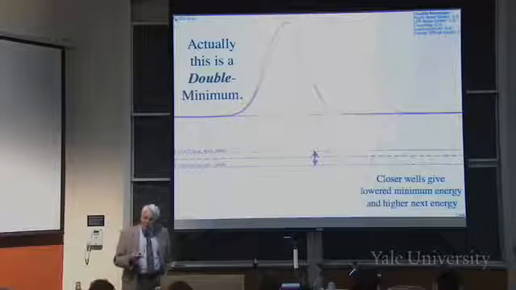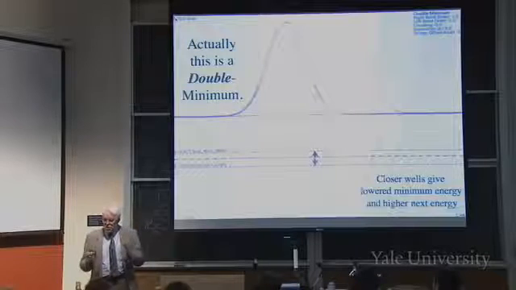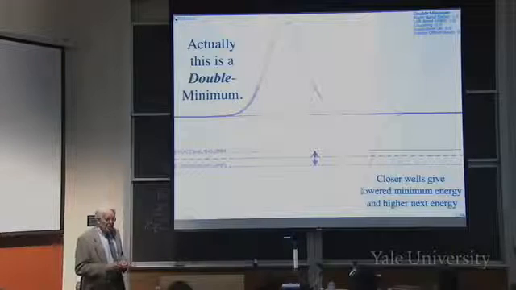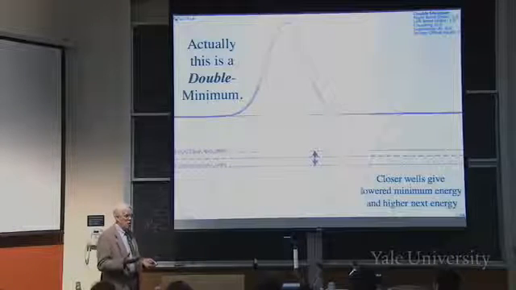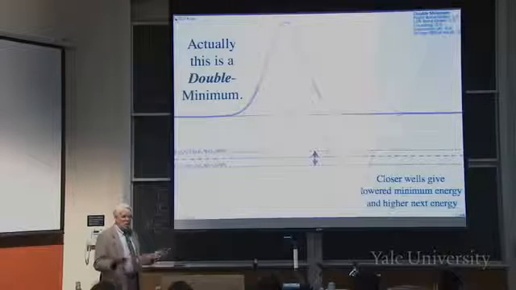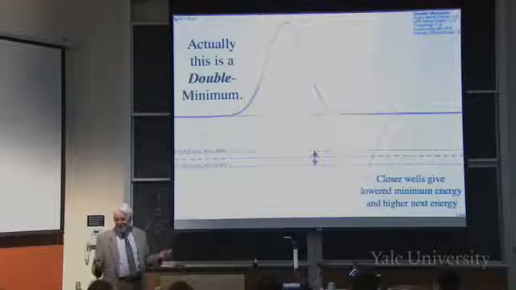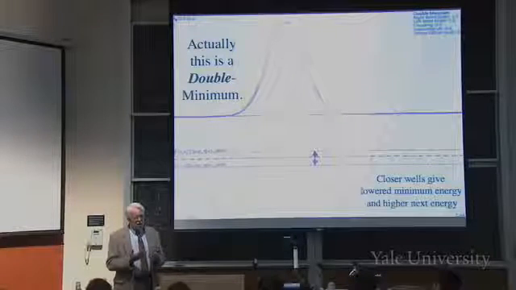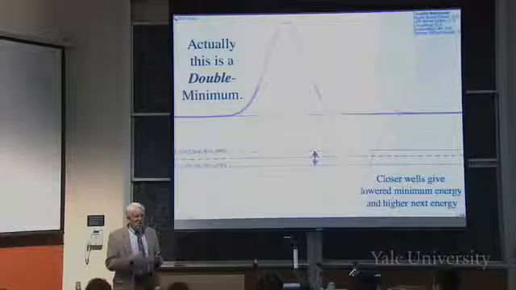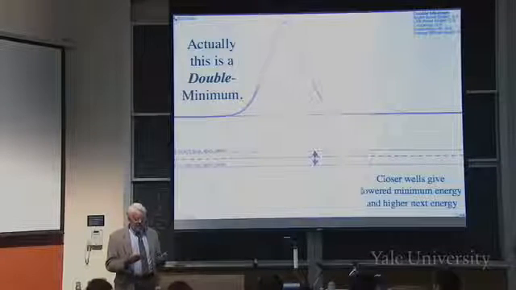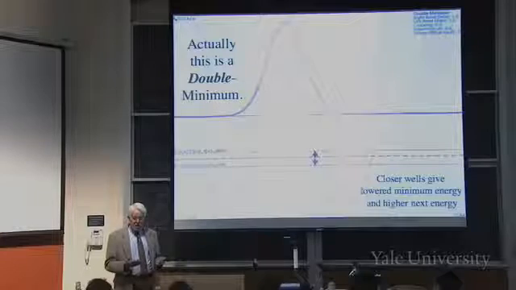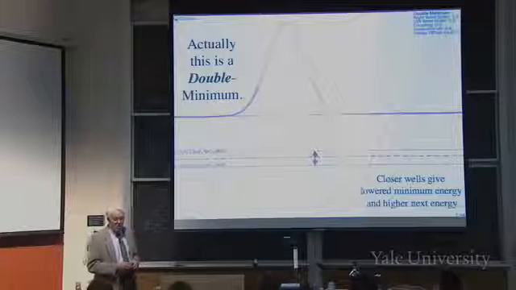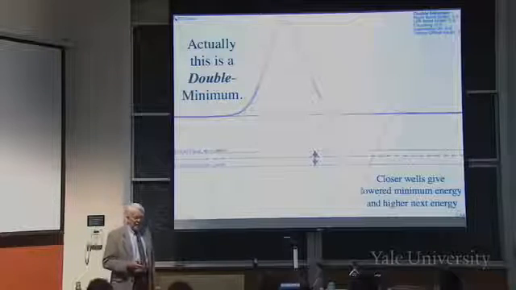But they both look like the single minimum, but they both started when the wells were far apart, looking like the single minimum solution, one with no nodes, one with one node. When the wells were far apart, they had the same energy as the single minimum. But when the wells come together, the one with no nodes has less curvature, less kinetic energy, and is lower energy than the single minimum. And the other one has one node, more curvature than the single minimum, and a higher energy.